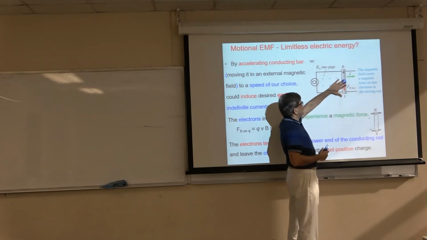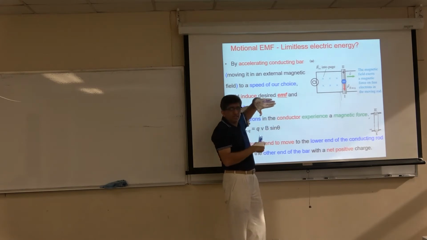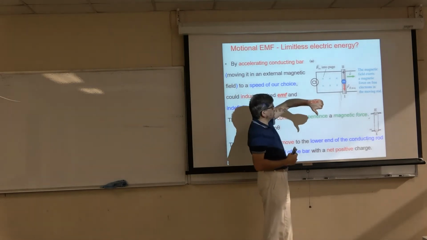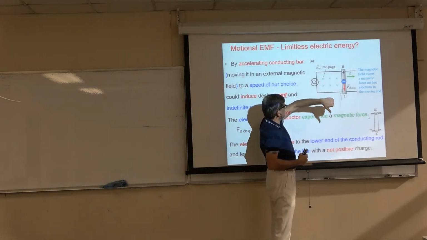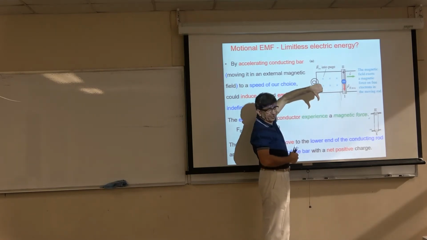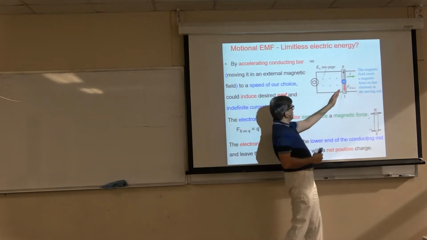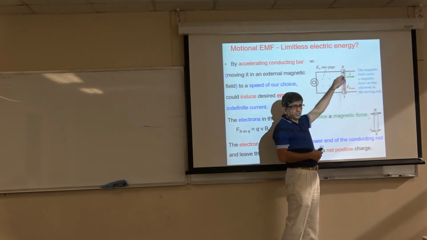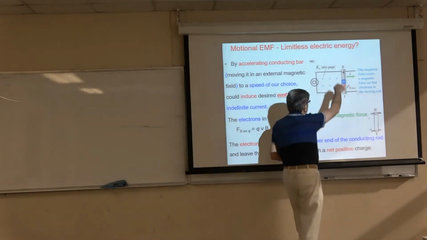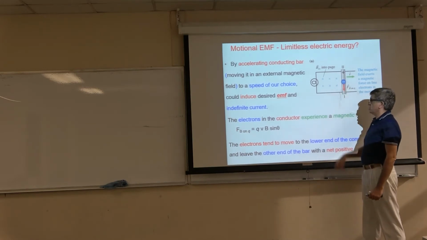Here is a negative charge, so I use my left hand, where the fingers point in the direction of the moving electron, and the external magnetic field is into the page, so I curl my fingers towards the page and the thumb points in the direction of the force. So when I move the bar, the electrons experience a magnetic force which makes them move in the bar towards down. So here is the magnetic force on the charge.